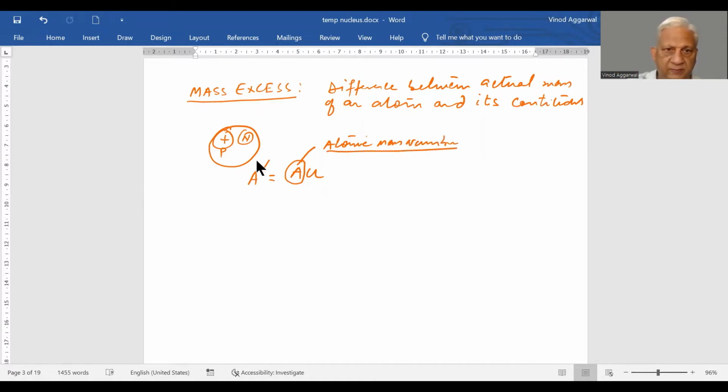Then obviously its weight as per atomic mass number will be atomic mass number into mass of one unit.